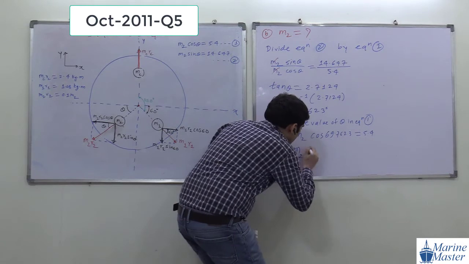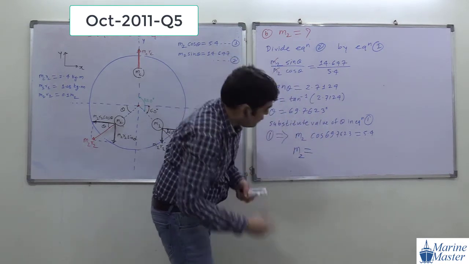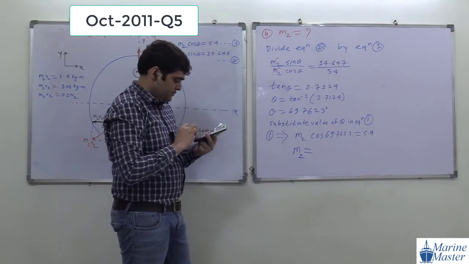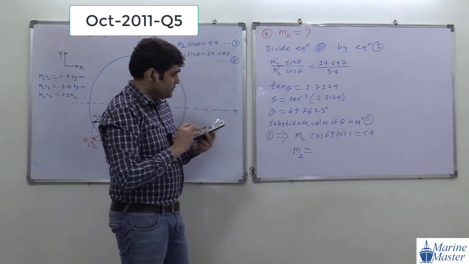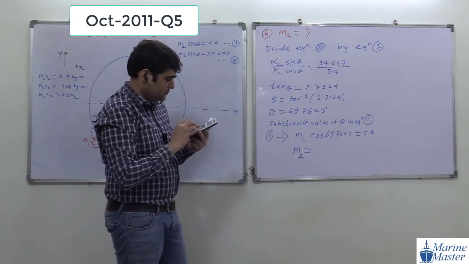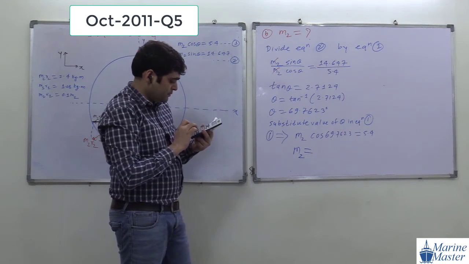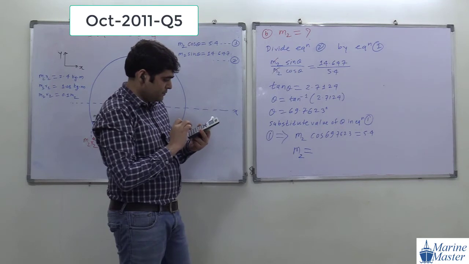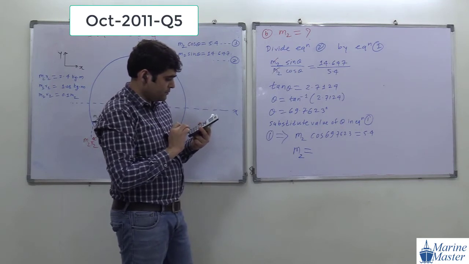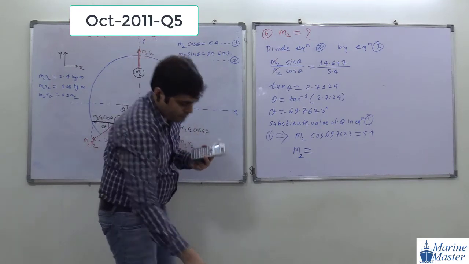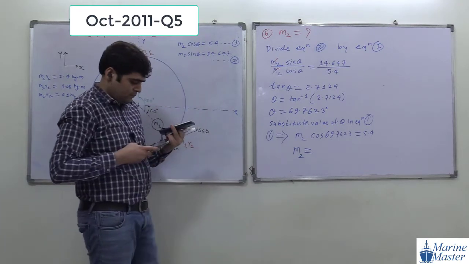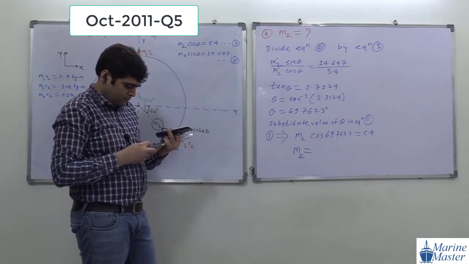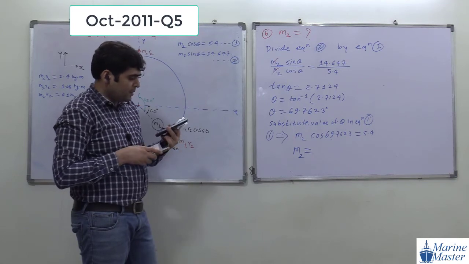Please do the calculation: 5.4 divided by cos of 69.7623 gives 15.61.